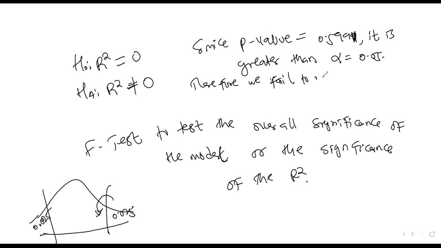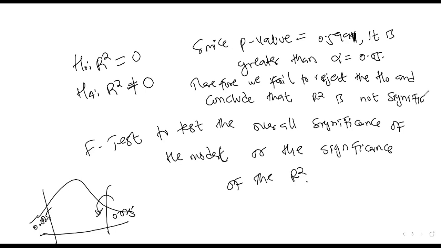So we fail to reject the null hypothesis and conclude that R square is not significant. Because if we have failed to reject this null, it means that indeed the R square is not significant or it is 0.